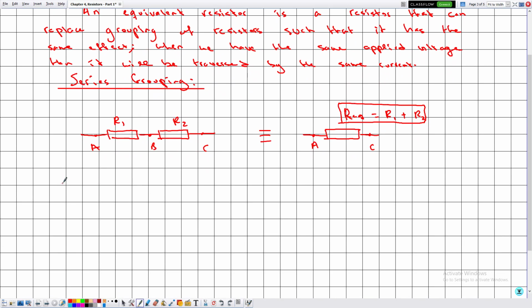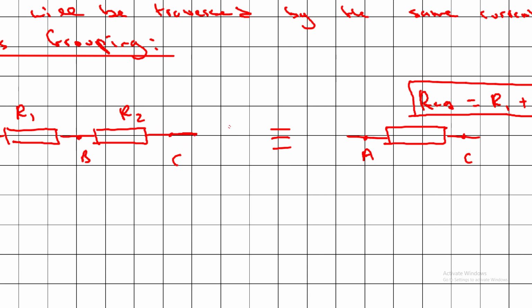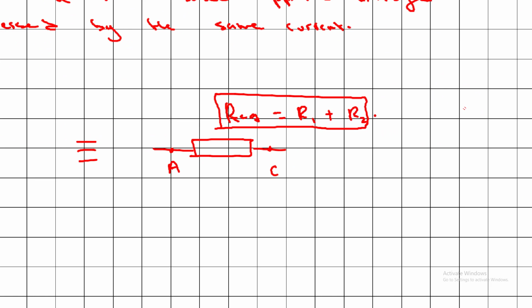Now also this formula applies if we have another resistor here in series. So we have 3 resistors. Now this one can be simply generalized by adding plus R3.